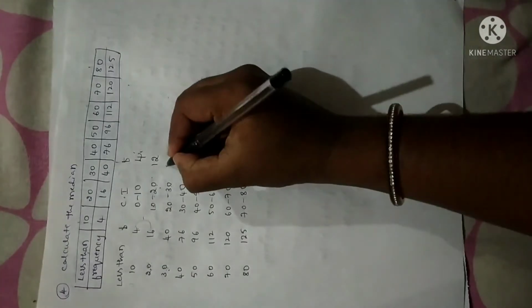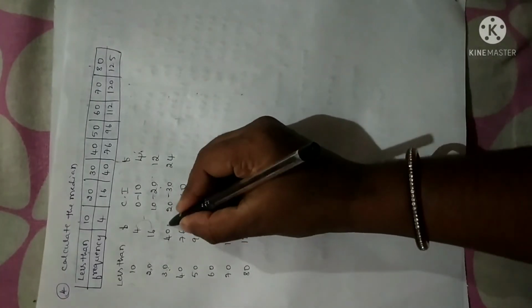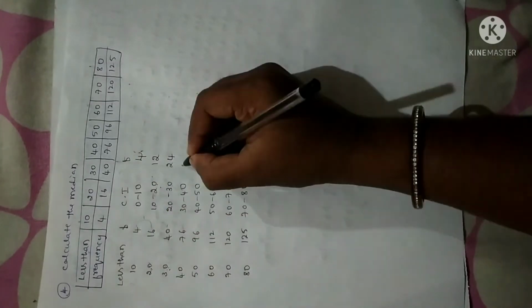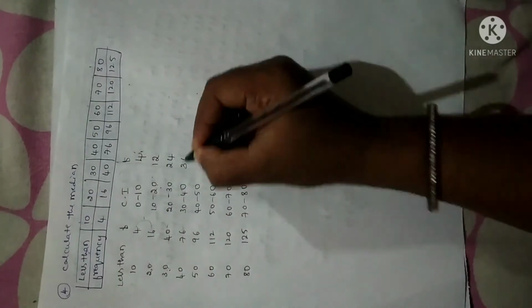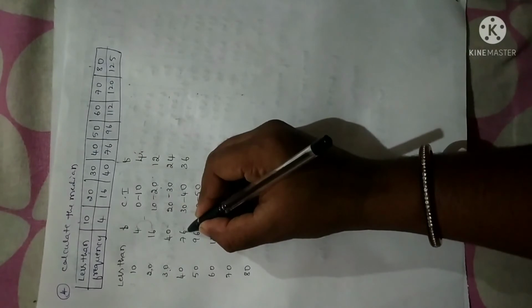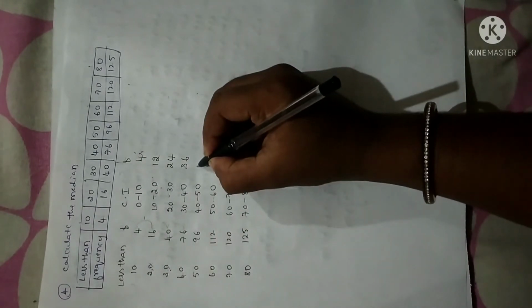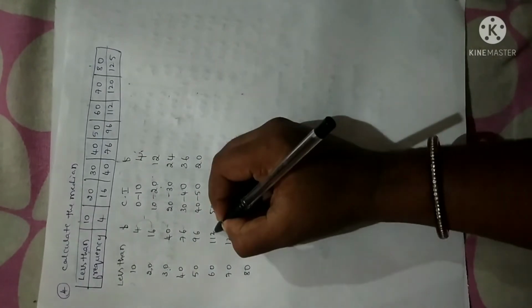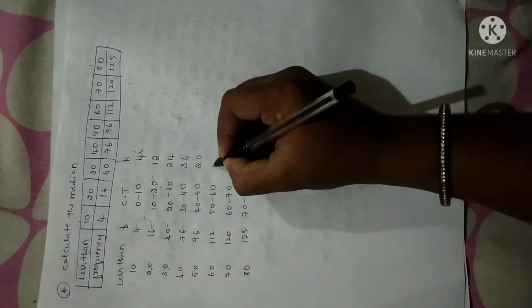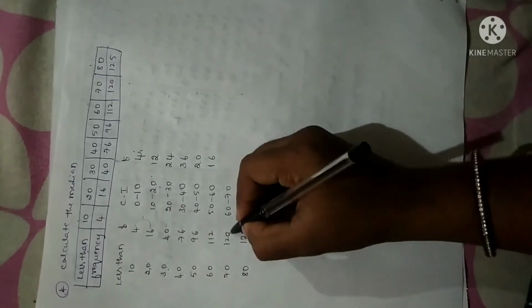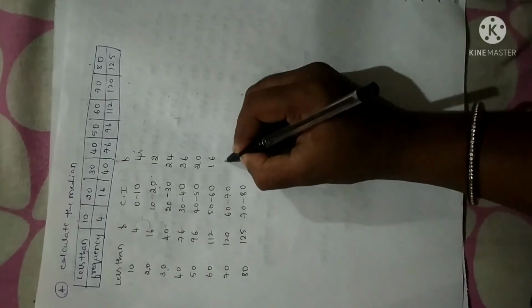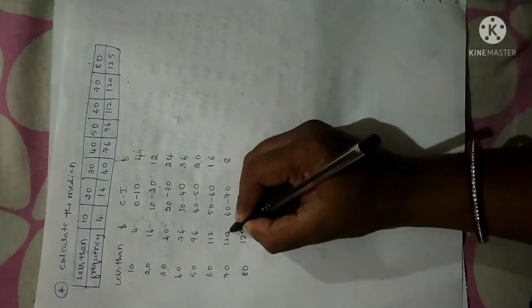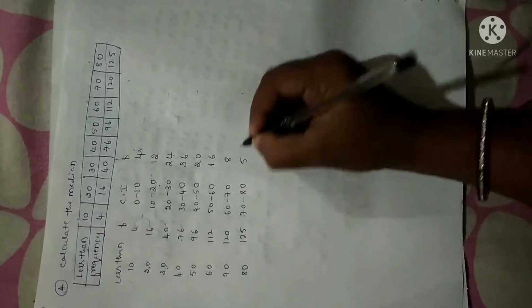So let me write it here. Similarly, 76 minus 40, you will get 36. Next, 96 minus 76 is 20. Next, 112 minus 96 is 16. 120 minus 112 is 8. 125 minus 120 is 5.